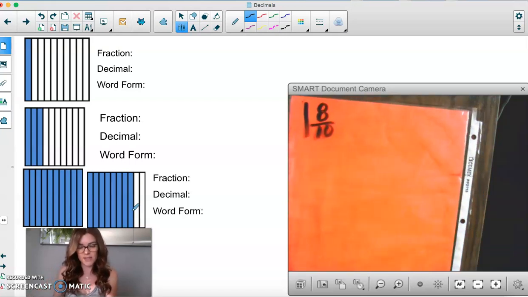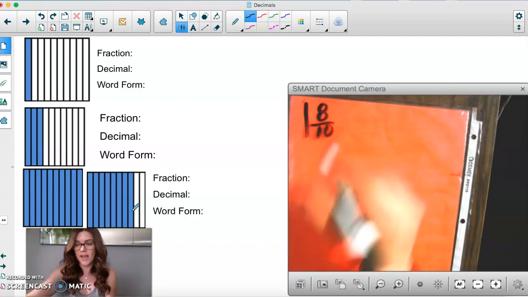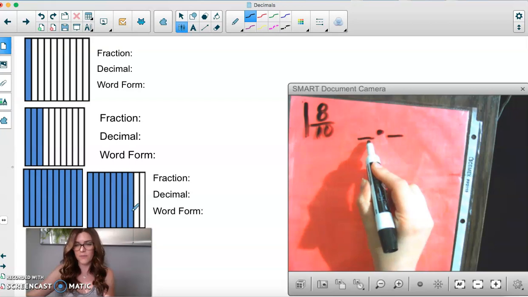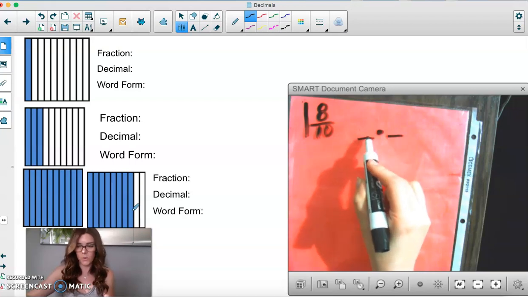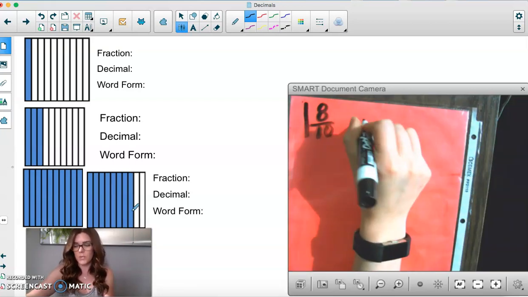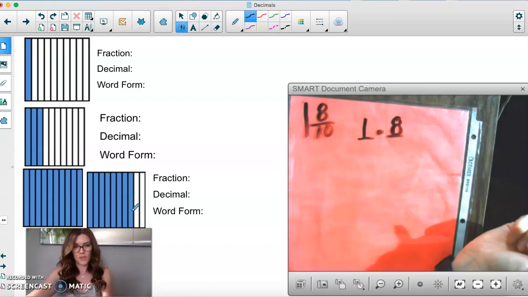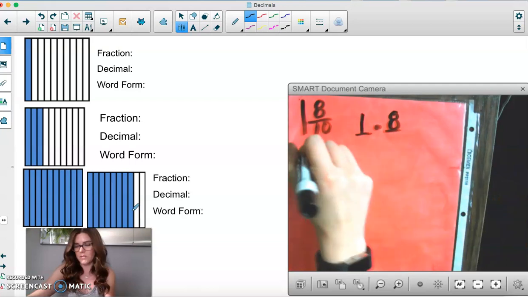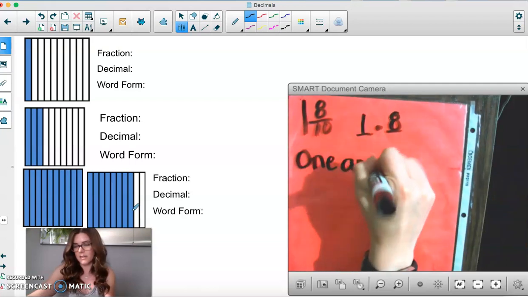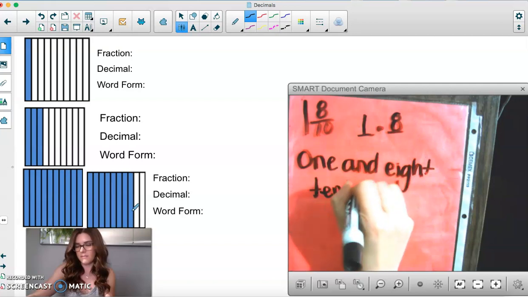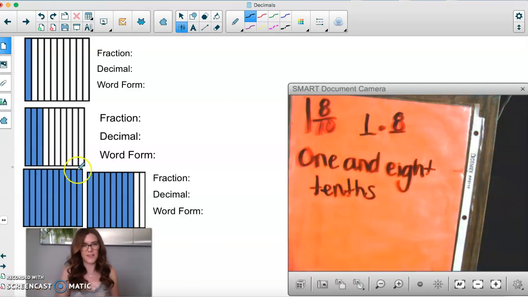Now when you're writing this as a decimal, we have 2 numbers: the number to the left of the decimal, that's the whole number, and we have 1 whole. So we have 1 and 8/10. And the way you would write that in word form is 1 and 8/10. Just like that.